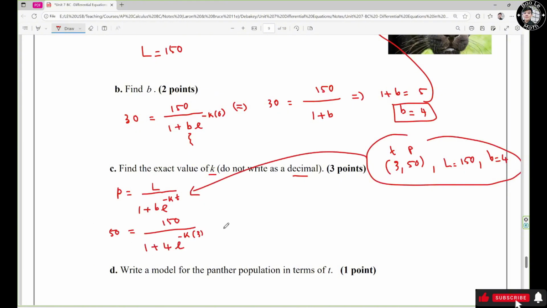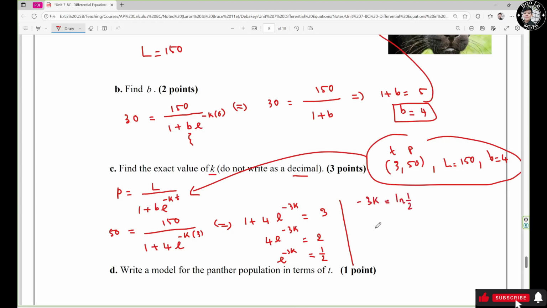So I have 1 plus 4 times e raised to the negative 3k equals 150 divided by 50, which is 3. Then you have 4 times e raised to the negative 3k equals 2. Divide both sides by 4, so e raised to the negative 3k equals 1 half. Now take the natural log of both sides, so I have negative 3k equals natural log of 1 half.